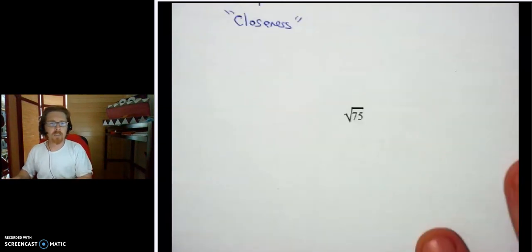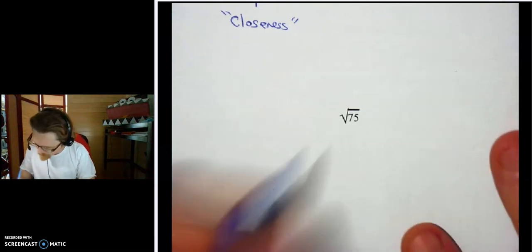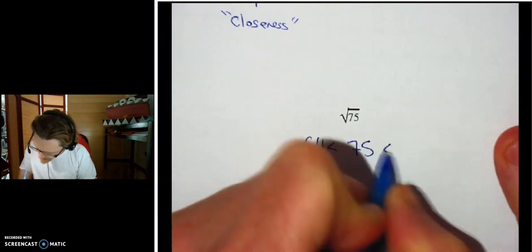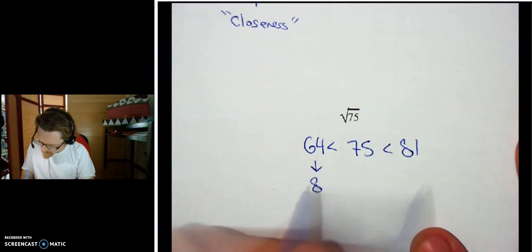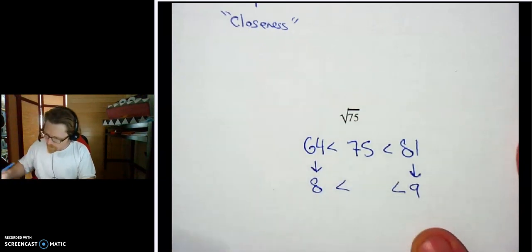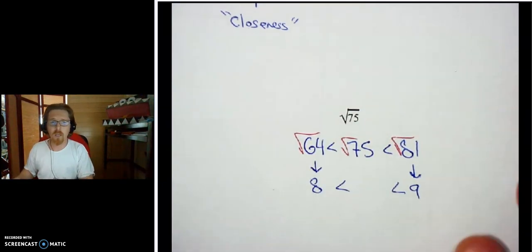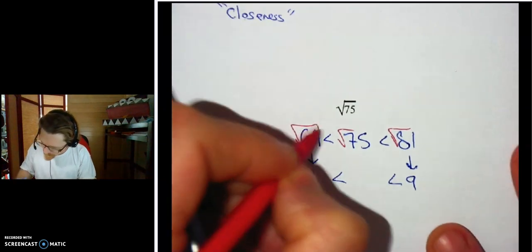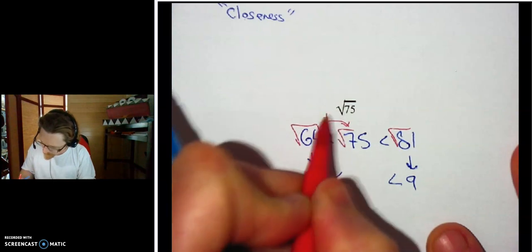And finally, the square root of 75. Well, 75 is between 64 and 81. The square root of 64 is 8. The square root of 81 is 9. And so the square root of 75 must be somewhere between these two values. Now, let's take a look at that difference. 64 to 75, that's 6 plus 5, that's 11.